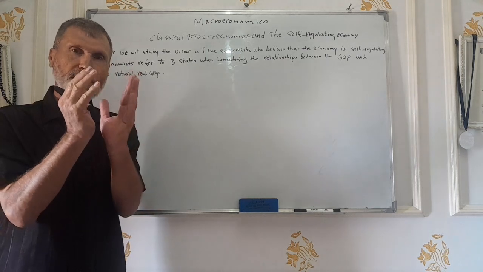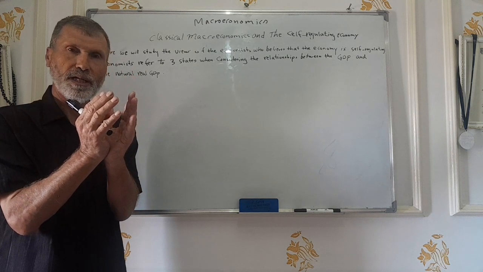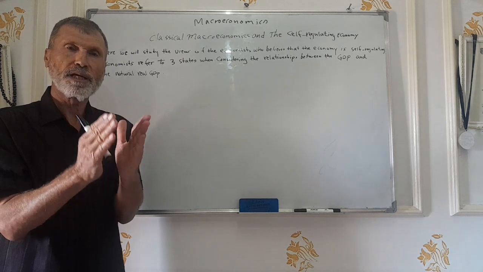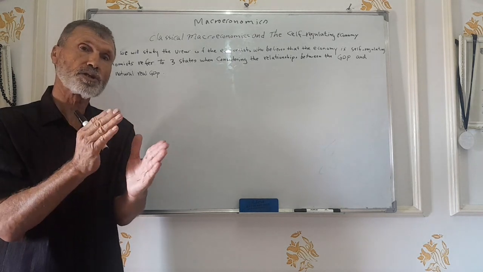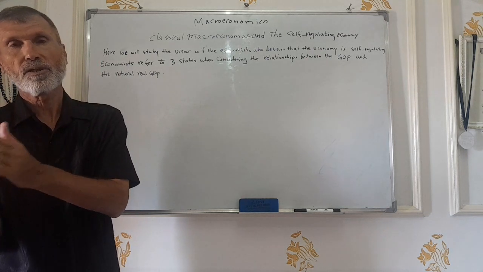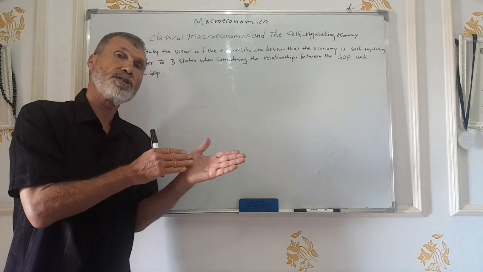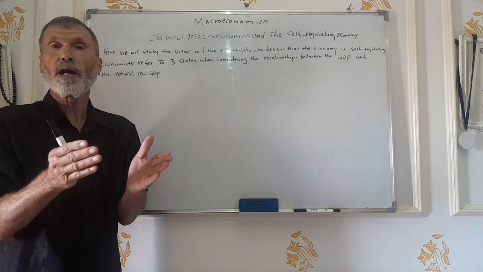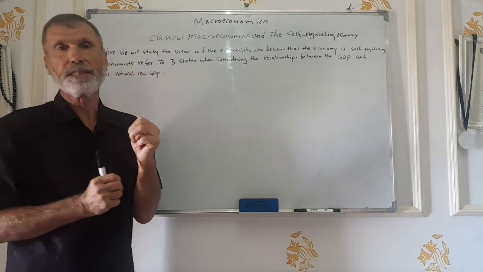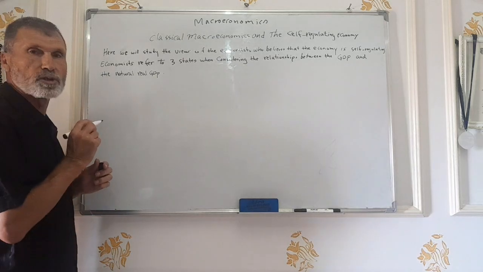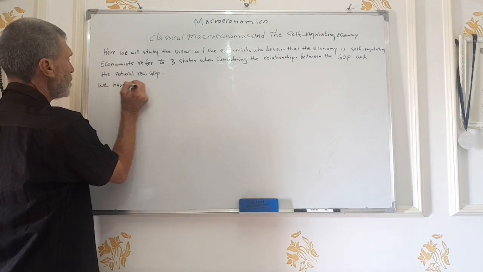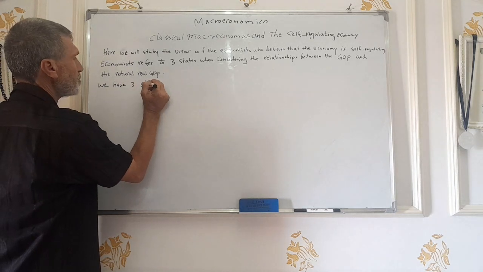So we get a real GDP in the economy, and that real GDP that the economy is producing in the short run may be less than the natural GDP, or greater than the natural GDP, or equal to the natural GDP. So we're going to consider these three states.